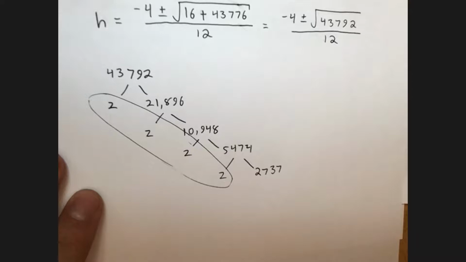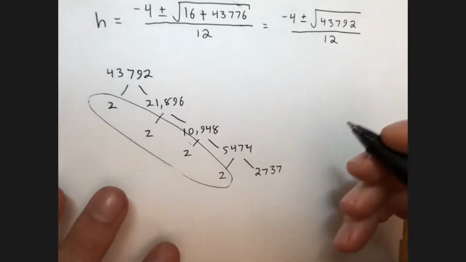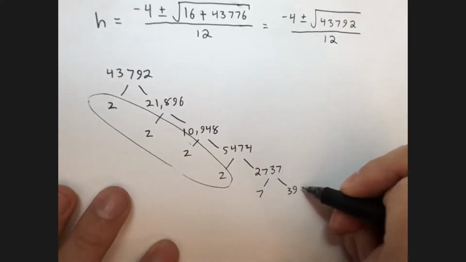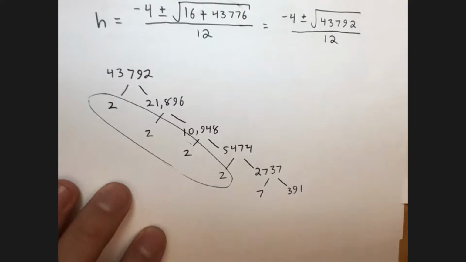Let's see, maybe that's divisible by 3? No. It's not divisible by 4 because it's not even. It's not divisible by 5 because it doesn't end in a 5 or 0. It's divisible by 7. I checked it. I just divided by 7 to see what happened. And sure enough, it's divisible by 7. All right.